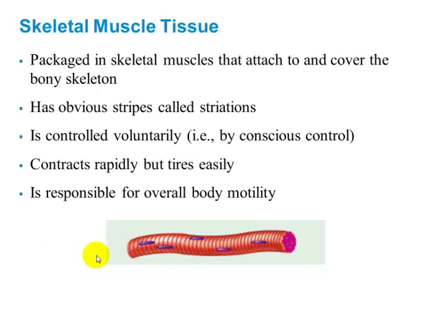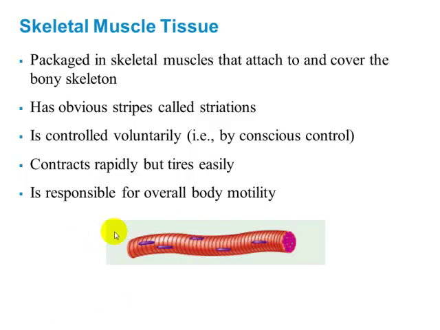Now for skeletal muscle tissue, if we look at a single cell or a single fiber, you should note a few things that are unique about it. Those striations are present. There are also multiple nuclei. This is one of the few times that we will talk about a cell that has multiple nuclei.